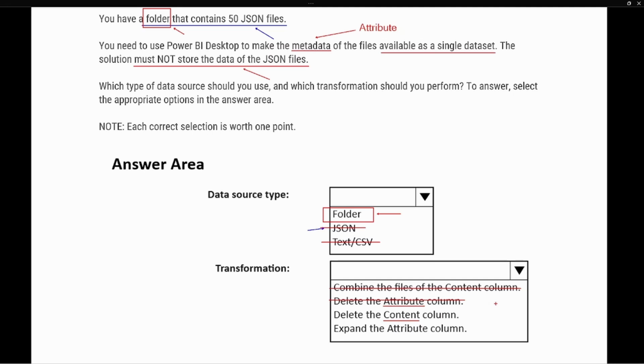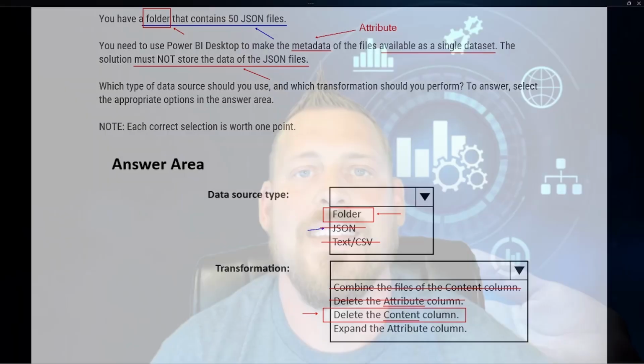So then how do we preserve the metadata but not store the data of the JSON file? The correct answer would be to delete the content column, therefore eliminating the ability for people to see the information inside of this data set. The only thing that they're going to have access to is the attribute column, which contains the metadata.